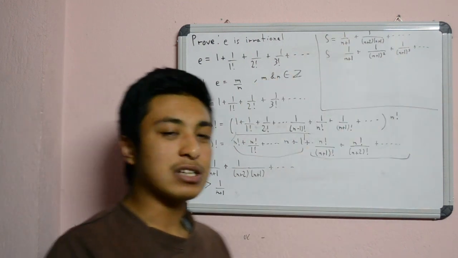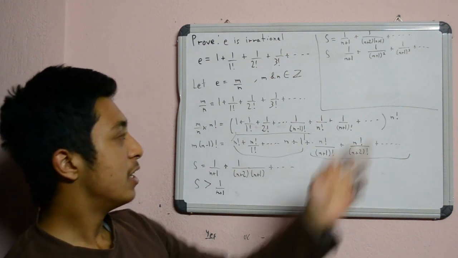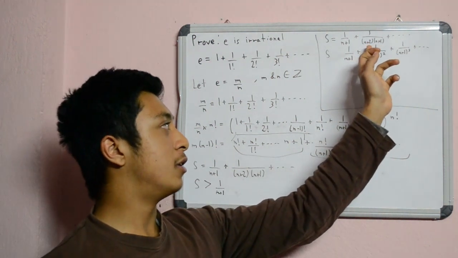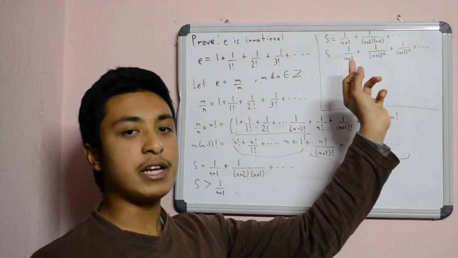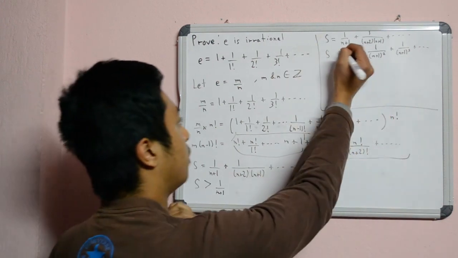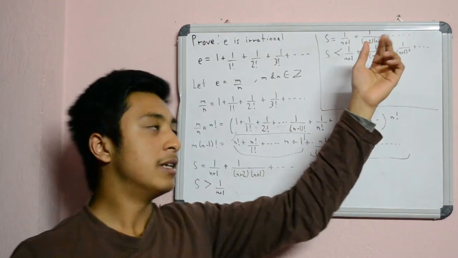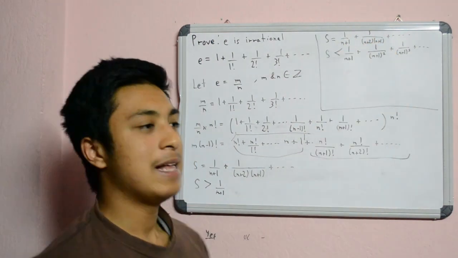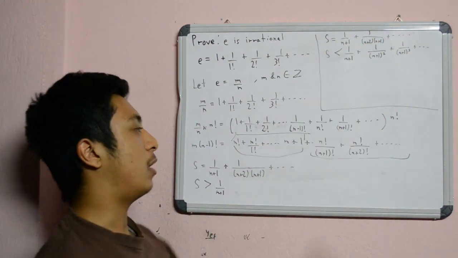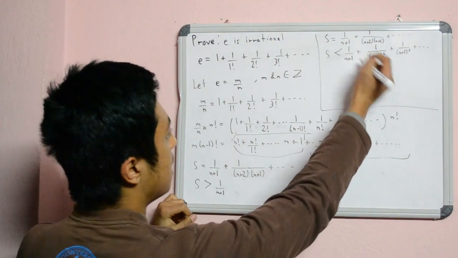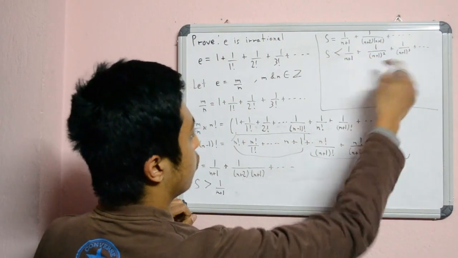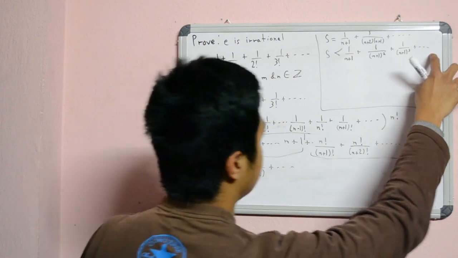Well, there's a quick trick to it. If you replace the denominator with a lesser value, then this sum will now be lesser. Increase the value of the denominator, the sum will be greater, and the opposite for the numerator part.